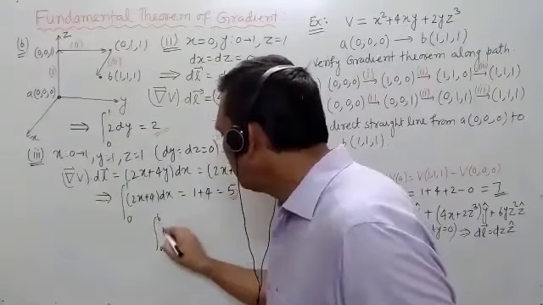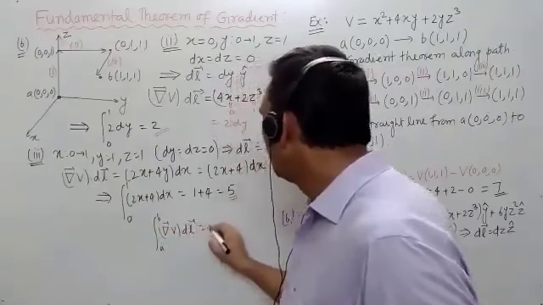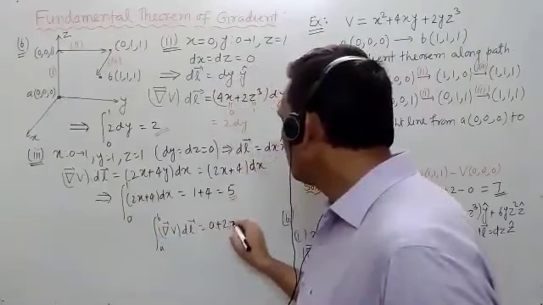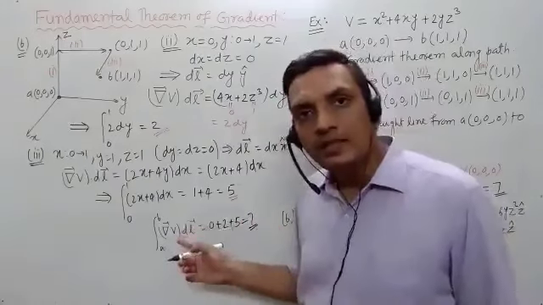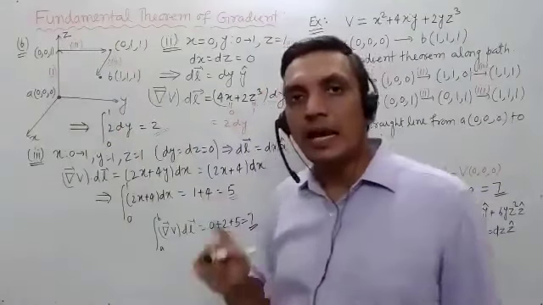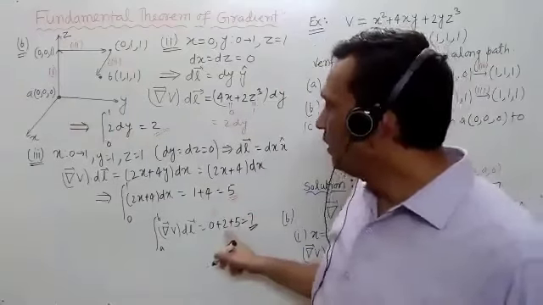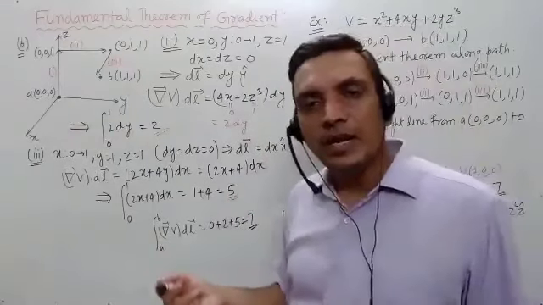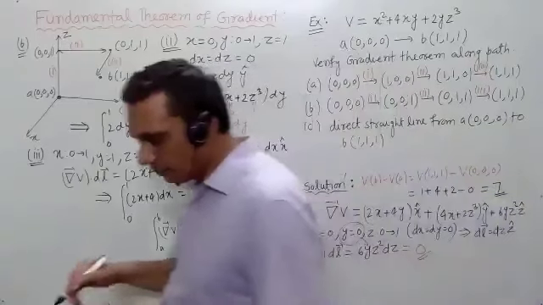So from A to B, gradient v dot dl will be 0 plus 2 plus 5, which is 7. So that verifies the gradient theorem. And you can see this is independent of path. Gradient v dot dl is always independent of path. So along both paths, we have verified that gradient v dot dl is the same.